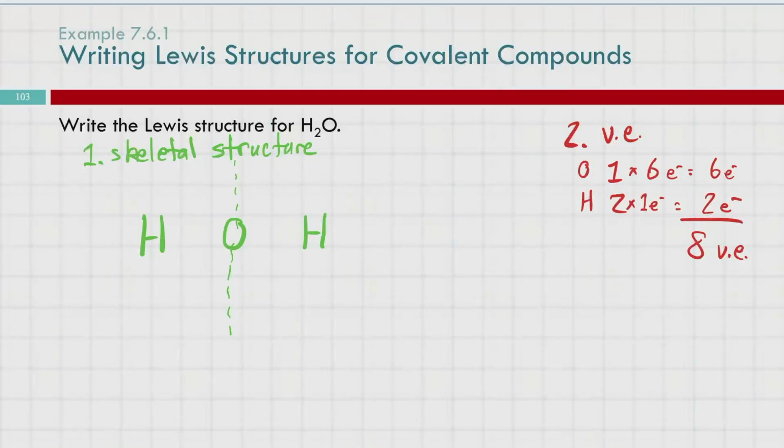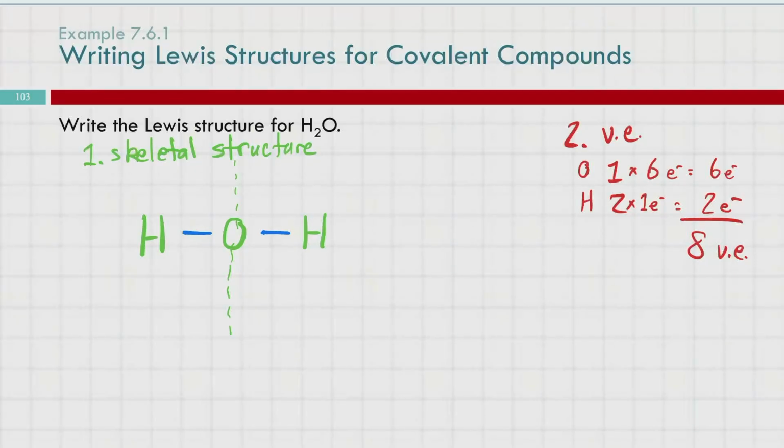We need to get everything connected for it to be a molecule. How many bonds are we going to place? We need one between the oxygen and the hydrogen. We need another between the other hydrogen and the oxygen. So that's 2 bonds.